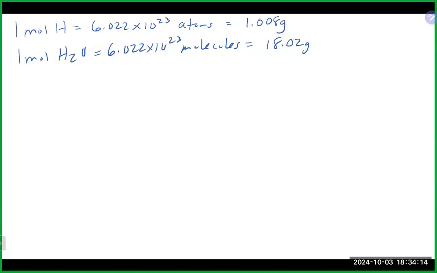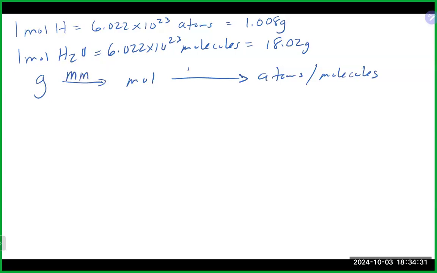So when we go from grams to moles to atoms, if you will, or molecules, we would need the molar mass heading in this direction, and then we would need Avogadro's number to go that way.